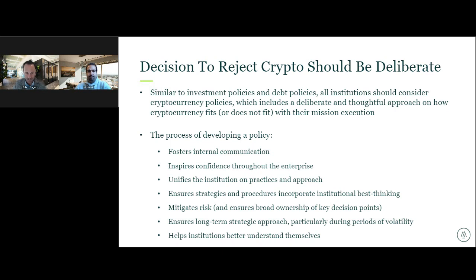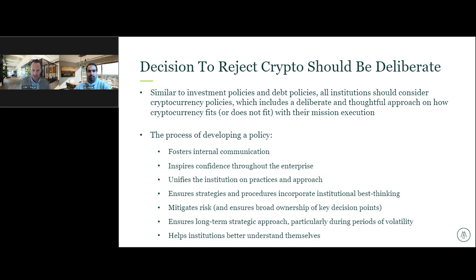Obviously, fostering internal communication is really beneficial for all institutions. It helps unify the institution in terms of how you're thinking about risk and practices, and in terms of internal and external communication, there's a unified strategy.